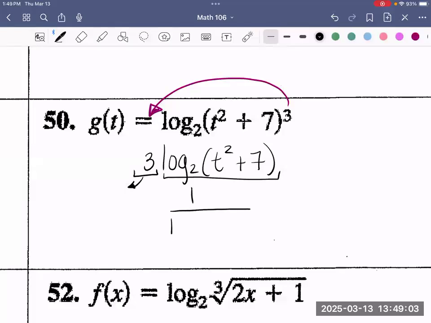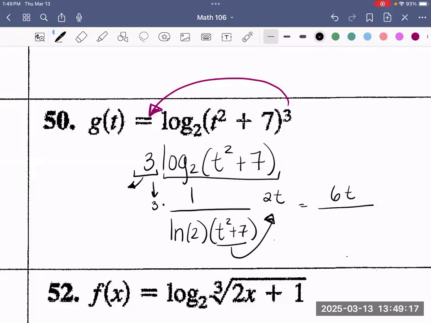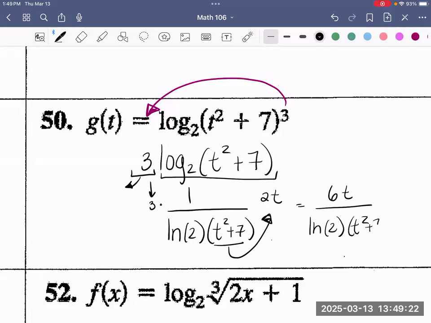So you have 1 over ln of 2, and then itself, t squared plus 7. Now chain rule it with 2t. And keep in mind, we still have that 3 here. So altogether, we have 6t over ln of 2, t squared plus 7.